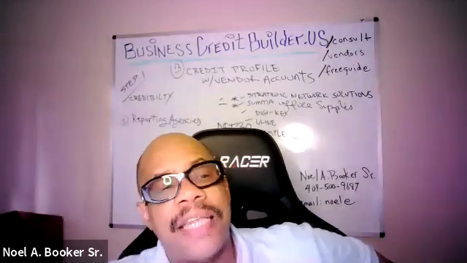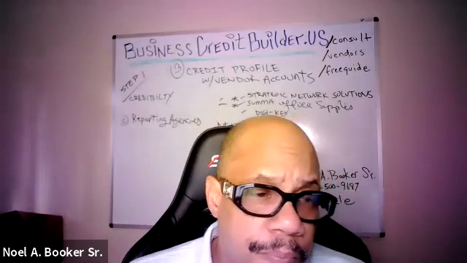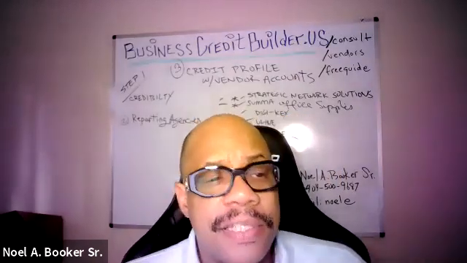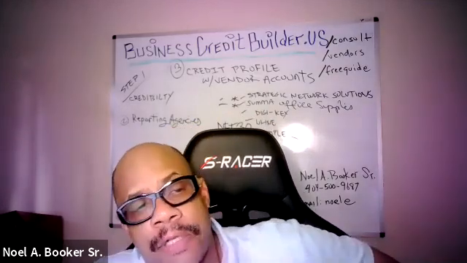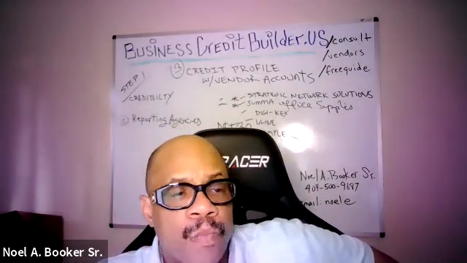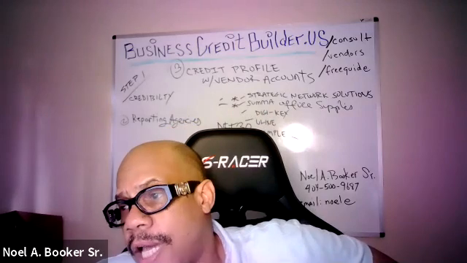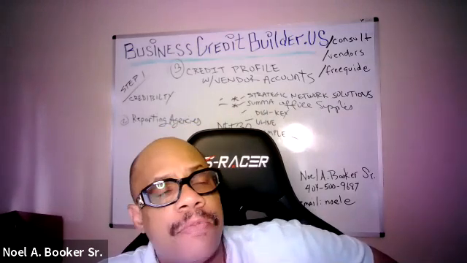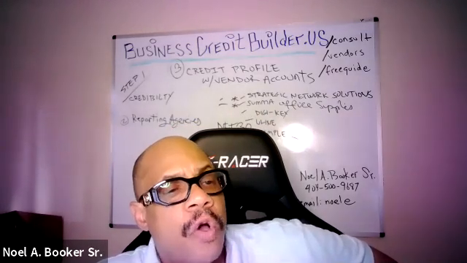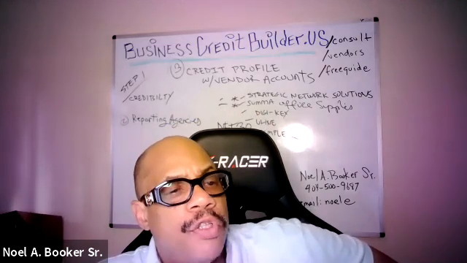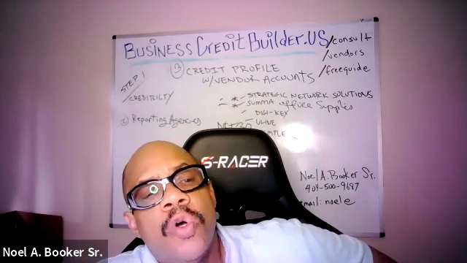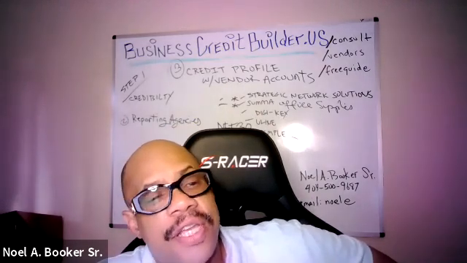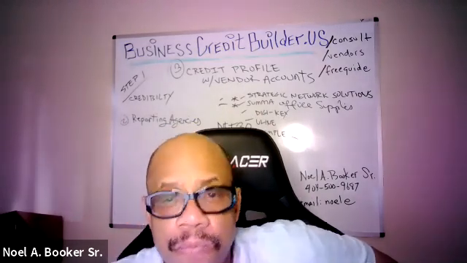So the list that I had last year is different than the list I have today because these companies change their requirements. So that's why you have to keep up on the vendors. If you're doing this on your own, you're just calling vendors and you find out from the vendors, one, if they can give you a net 30 account, and then two, who they report to.